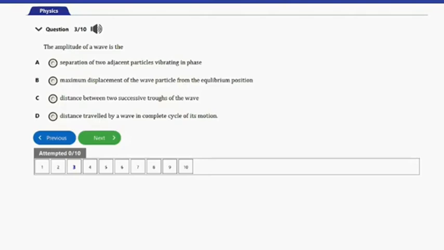So guys, the answer to this question is option B here, maximum displacement of the wave particle from the equilibrium position.